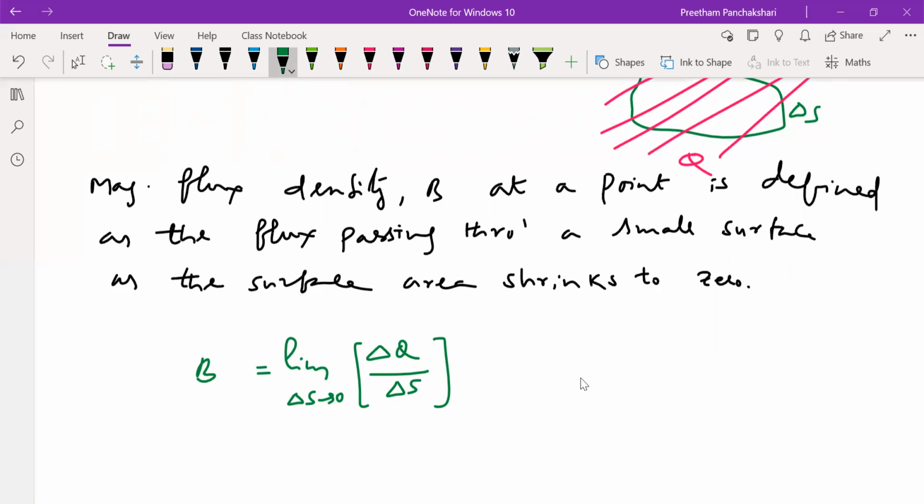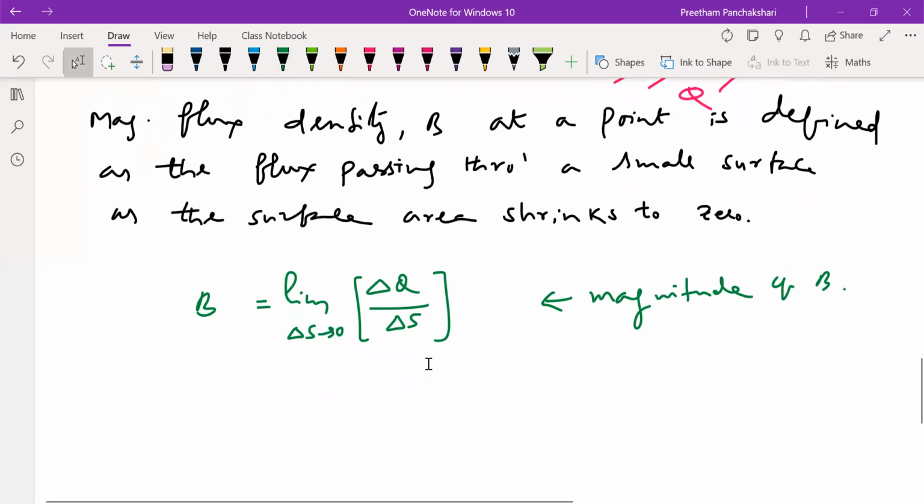Next, this gives the magnitude of B, the flux density. What about the direction? If you look at the right side of this equation, there are two terms. First one is the flux, which is scalar. Then the surface area, that can be a vector. Every surface area can be a vector having its direction perpendicular to its own plane.